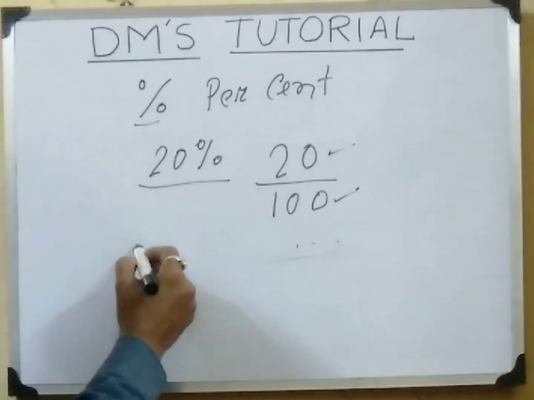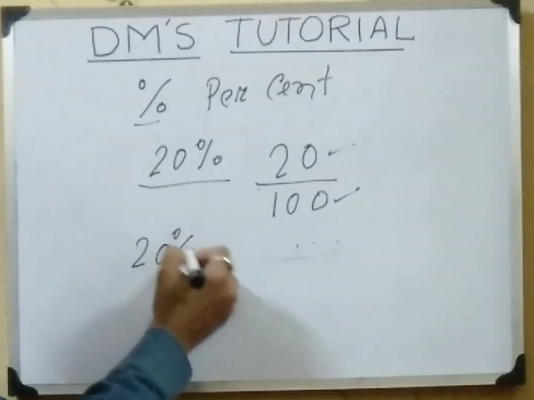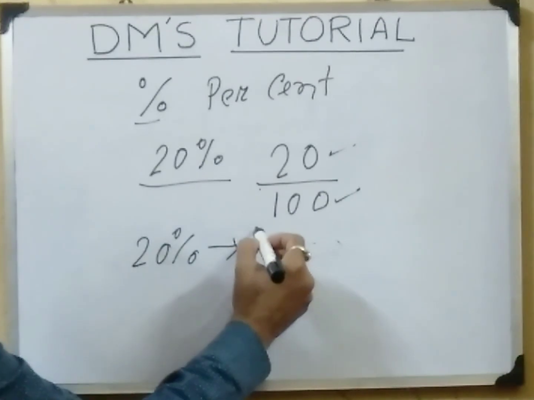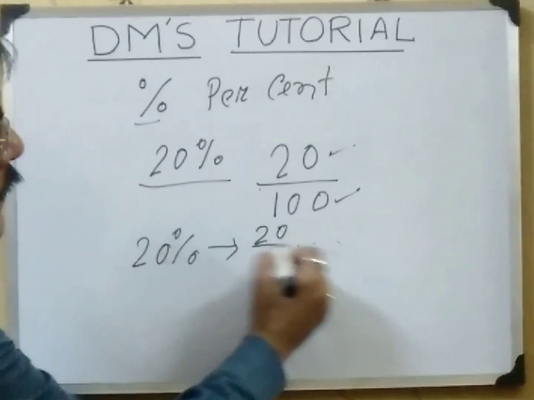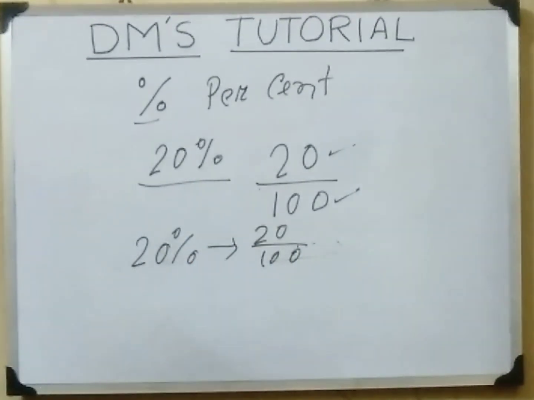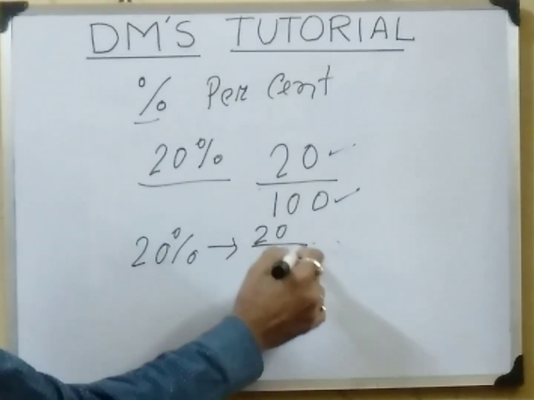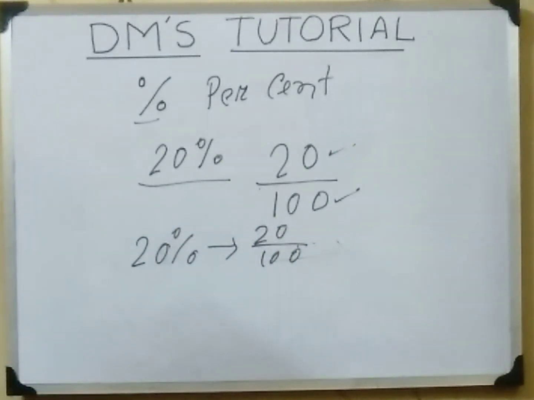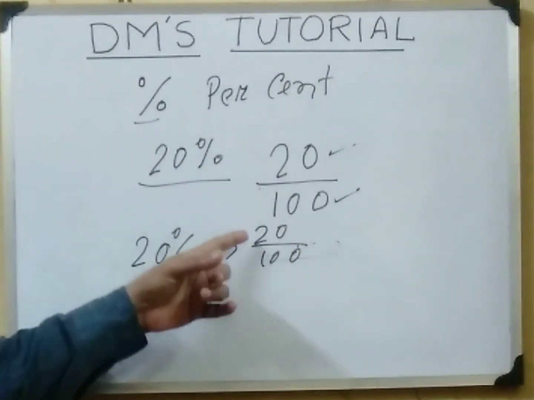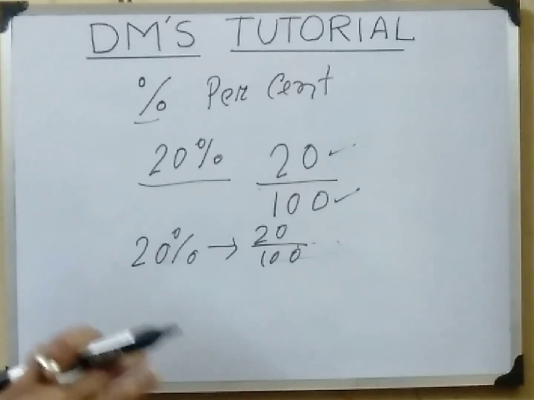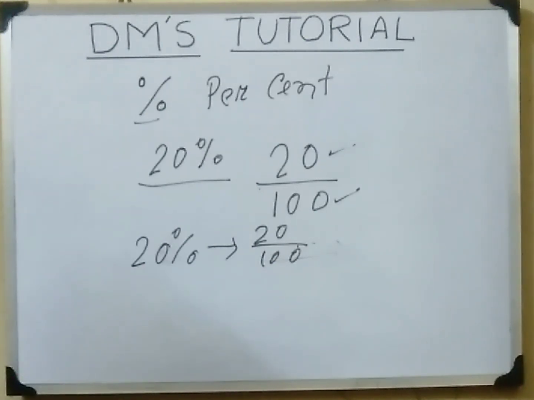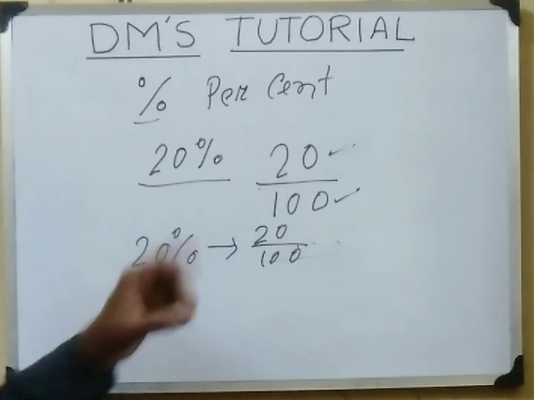If you convert the percent into the fraction, it seems like this: 20 by 100. Out of 100 we are choosing 20, that is called 20%. In the word percent, all the meaning of it is here. That is, per 100, 20 quantities are taken, that is called 20%.